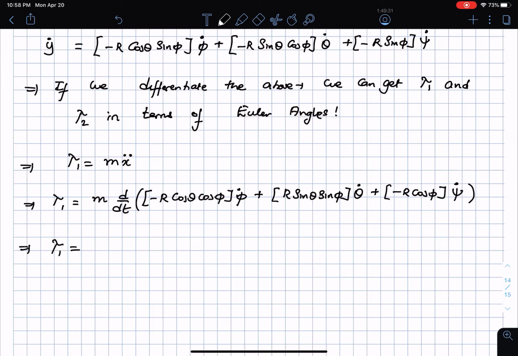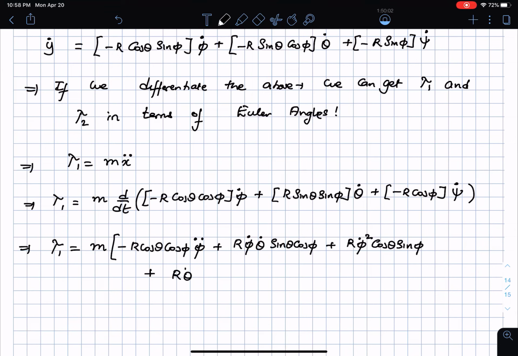This is going to be m times minus r cos theta cos phi phi double dot, plus r phi dot theta dot sin theta cos phi, plus r phi dot square cos theta sin phi, plus r theta double dot sin theta sin phi, plus r theta dot square cos theta sin phi.